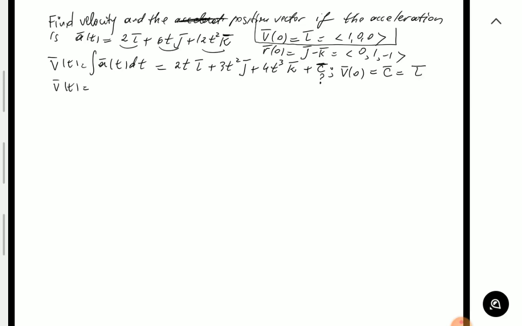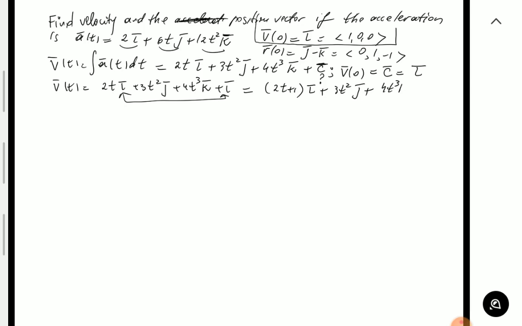So when we come back here and plug in the constant of integration, plus i, of course, we have to combine the components. We need to give the answer as a vector. So now the i component is 2t plus 1, followed by 3t squared j plus 4t cubed k.